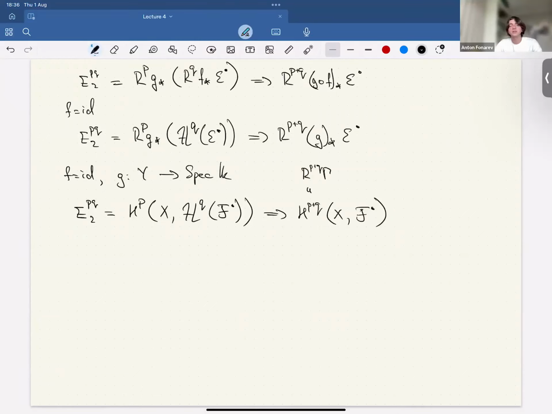So this is defined already purely for complexes.